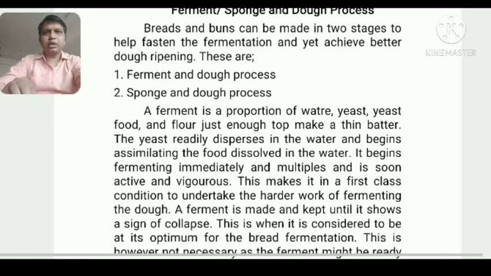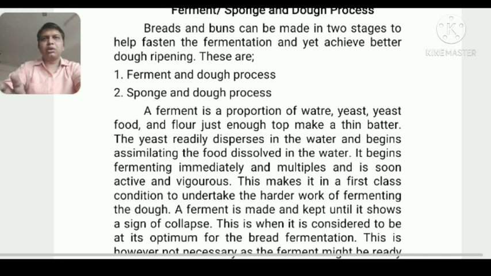Some part of the ingredients, the full part of yeast, full part of sugar, some part of flour, some part of water content, some part of milk content, some part of fat content, is mixed together in a different sub-container where the yeast starts working.